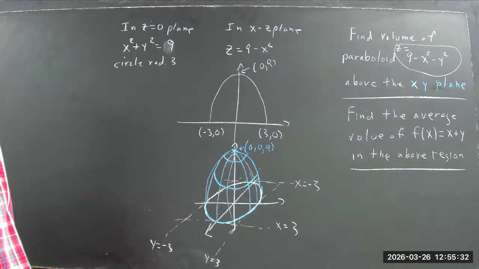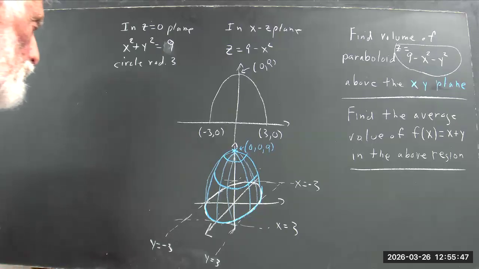If you don't have the picture, you're unlikely to figure out how to set up the integral, because you won't have a picture to refer to when you try to set up the inequalities.